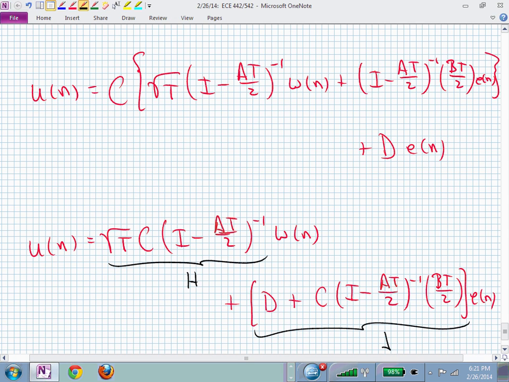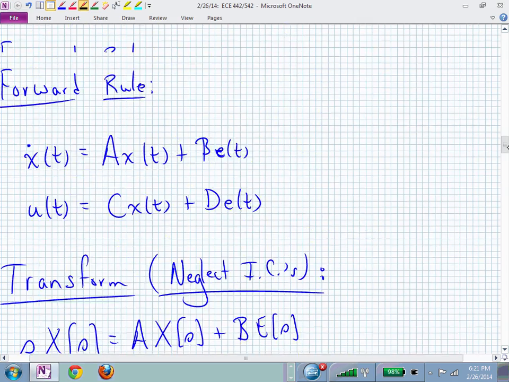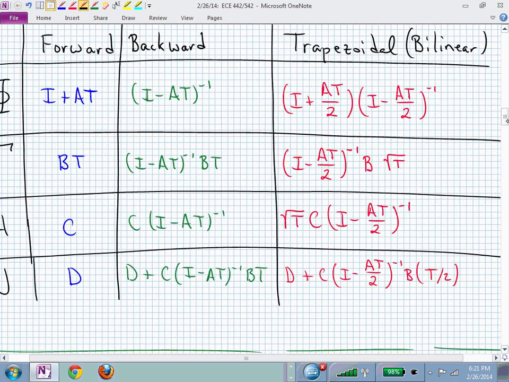And that hopefully is consistent with the phi, the gamma, the H, and the J in the table, now that we've corrected that table. Are we okay with that? Did I miss anything? So that should be what we had up here somewhere, right there.